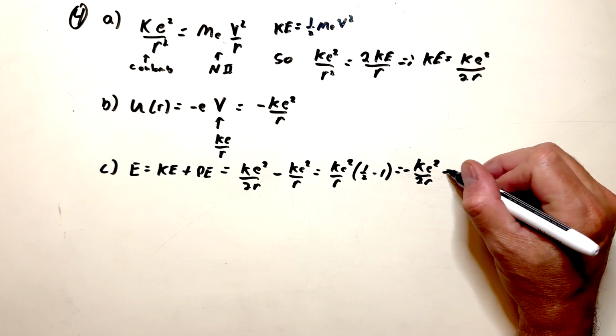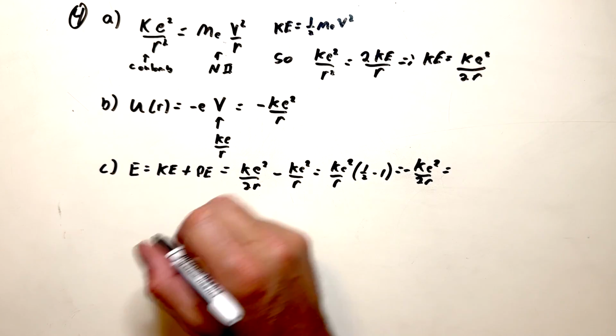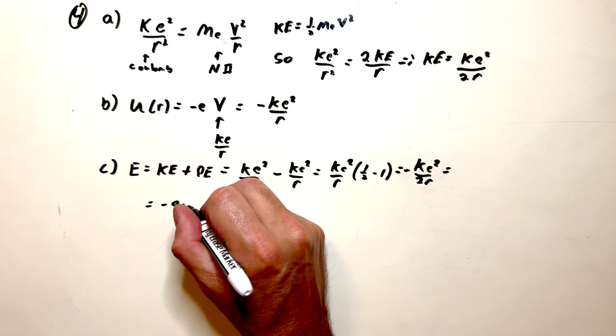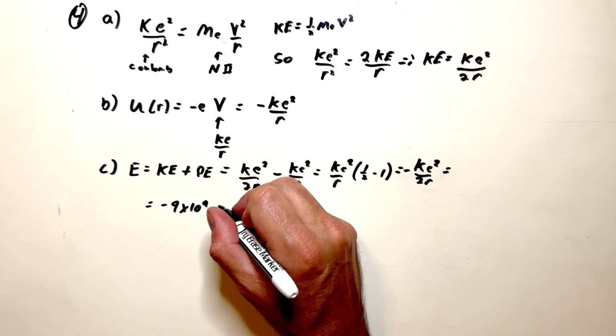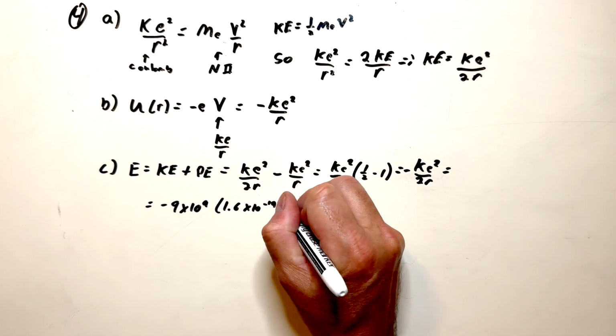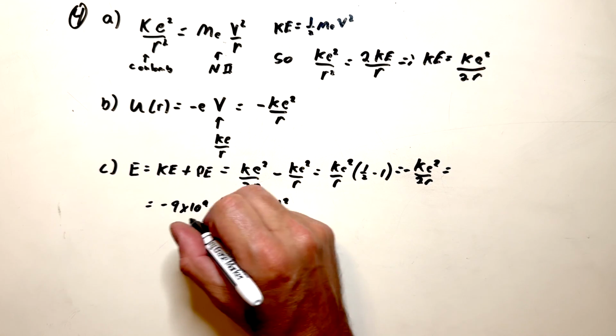And so plugging numbers in, we'll do it down here. We've got minus 9 times 10 to the 9 for k, times 1.6 times 10 to the minus 19 squared for the charge.